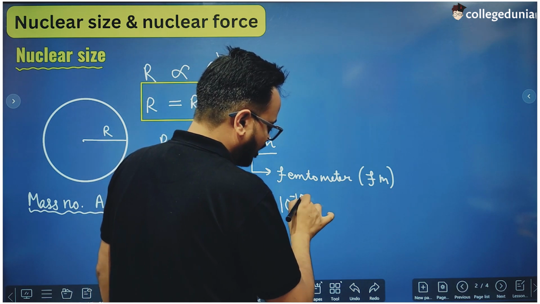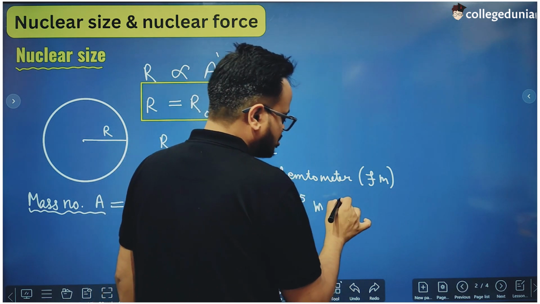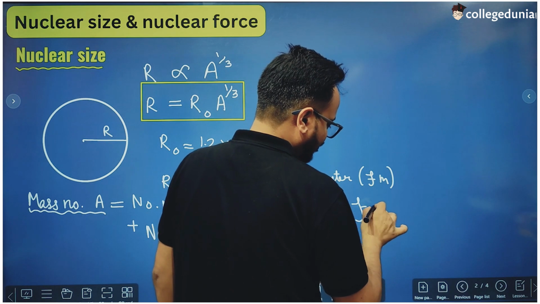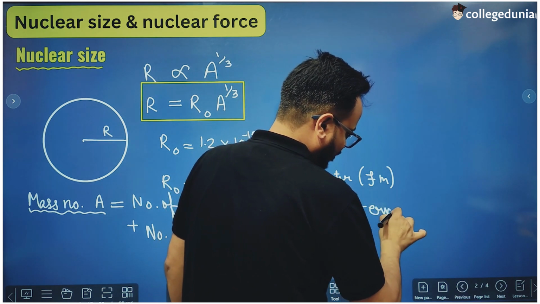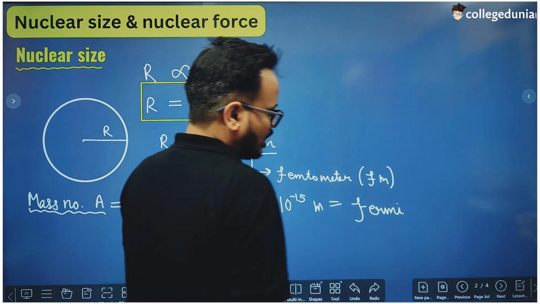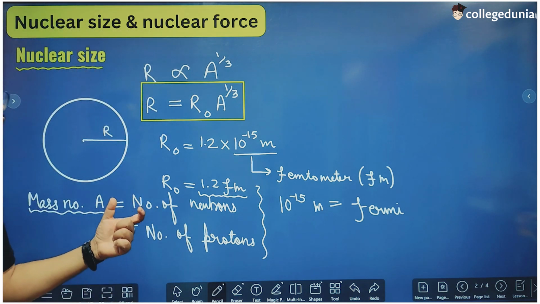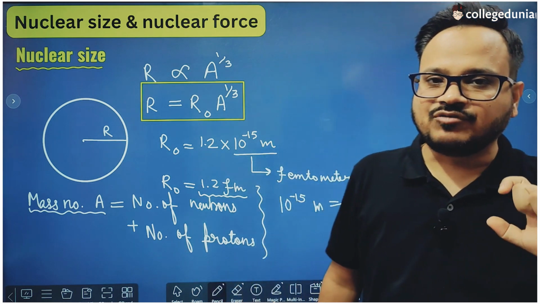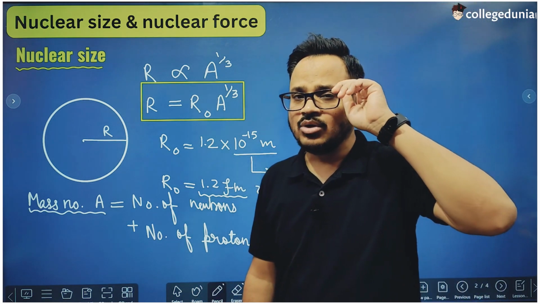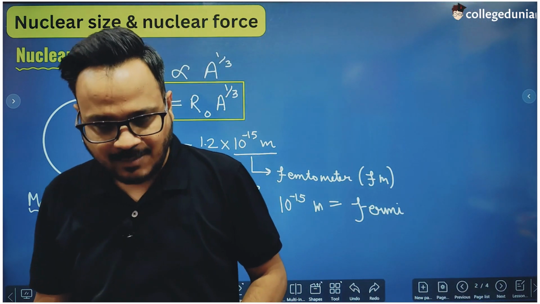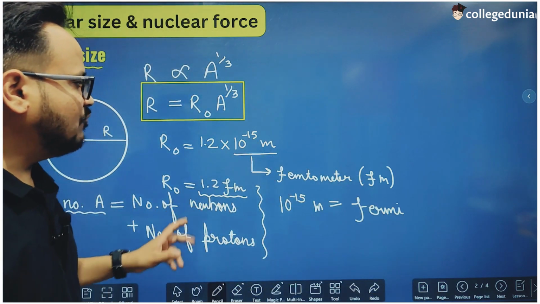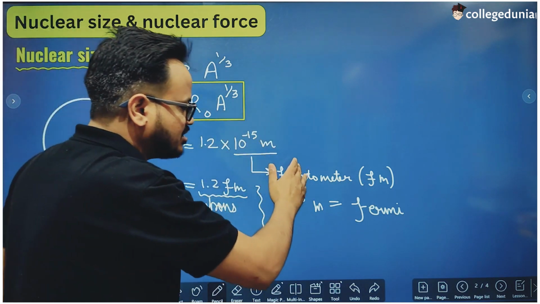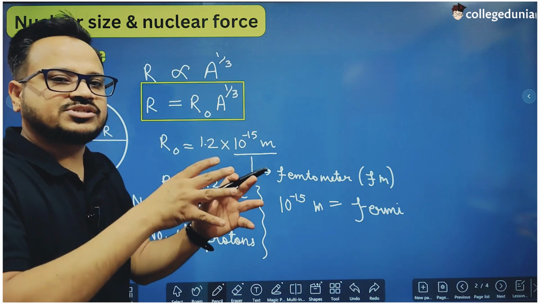And remember that there is one more name for 10 raised to power minus 15. 10 raised to power minus 15 is also called Fermi. Always remember that femto is a general prefix. If 10 raised to power minus 15 is present in any value, then we can use the prefix femto, right? If it was 10 raised to power minus 15 seconds, then we can call that femtoseconds.